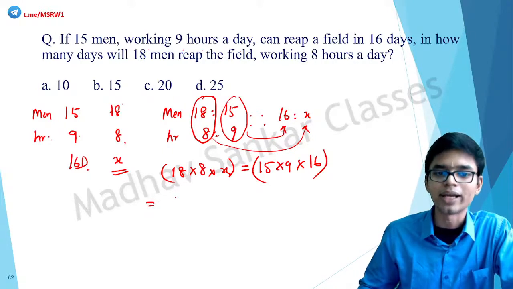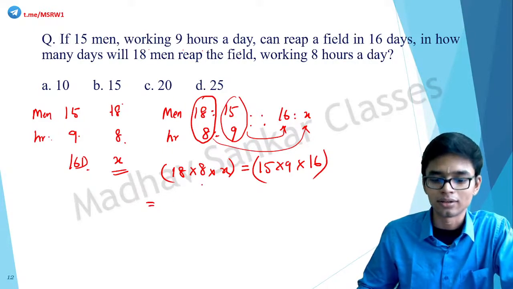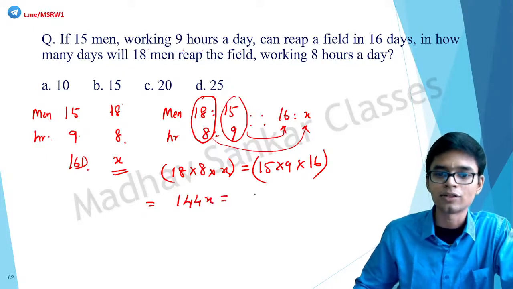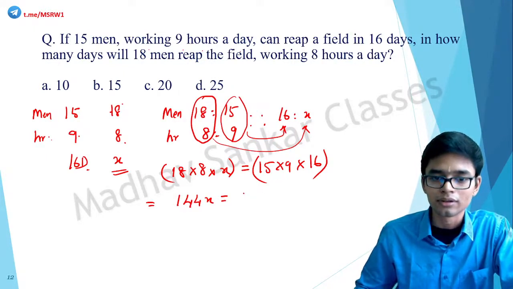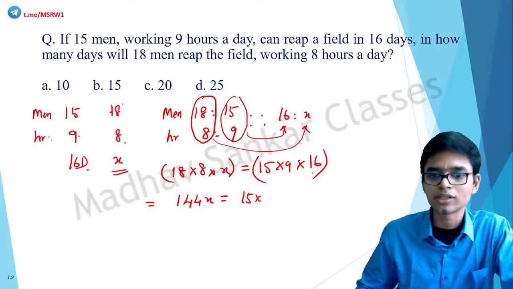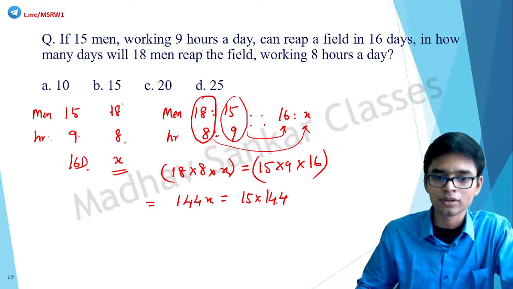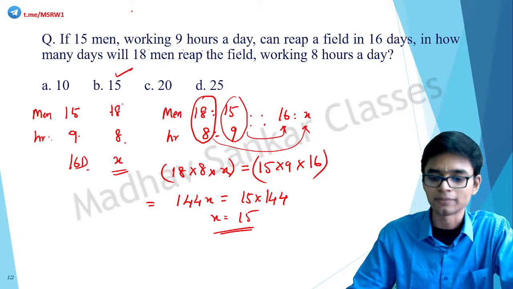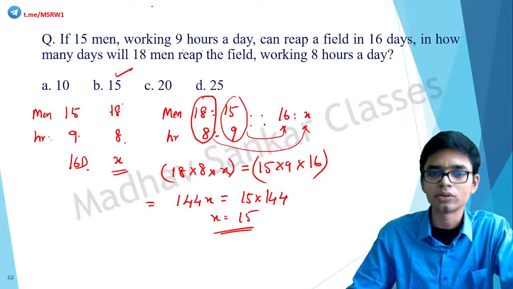This is equal to 18 into 8, which is how much? 144, right? Yes, 144. x is equal to 15 into 9 into 16 divided by 144. So x is equal to 15. Answer is B. Did you understand how to do this?